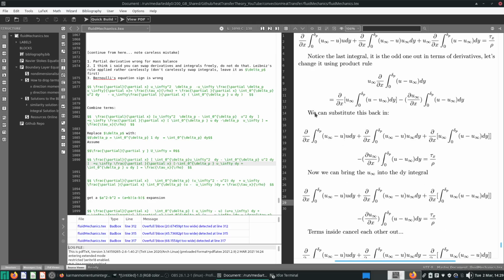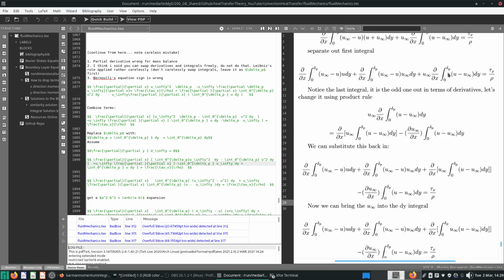Okay, so we substitute all of this back in. This whole term here is substituted wholesale with this expression del by del x, u infinity integral of u minus u infinity dy. So this will appear here.